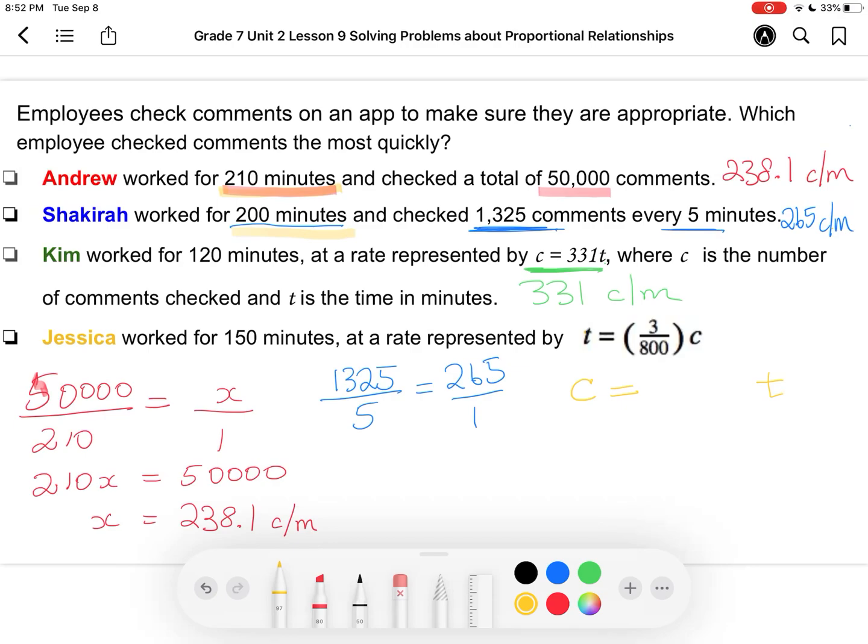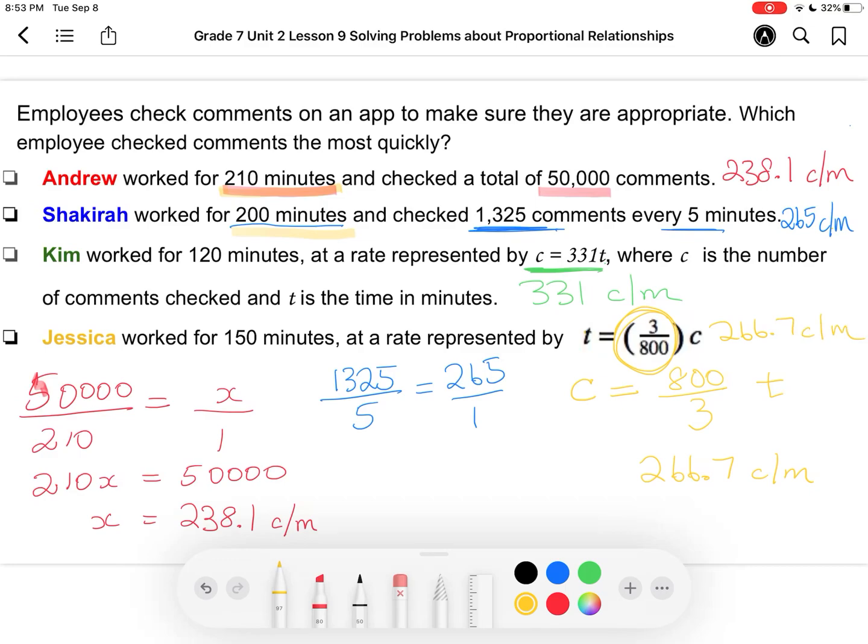In a previous lesson, we saw that if we switch around the variables like this, we have to find the reciprocal of the constant of proportionality. So while we have 3 over 800 for t equals 3 over 800c, the reciprocal of that is 800 over 3. And that's our rate. Let's divide 800 by 3, and we get 266.7 comments per minute.